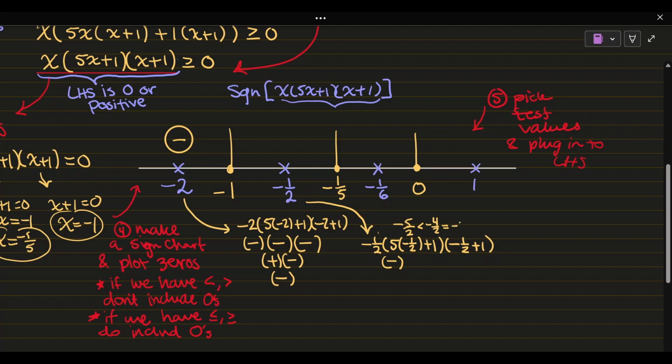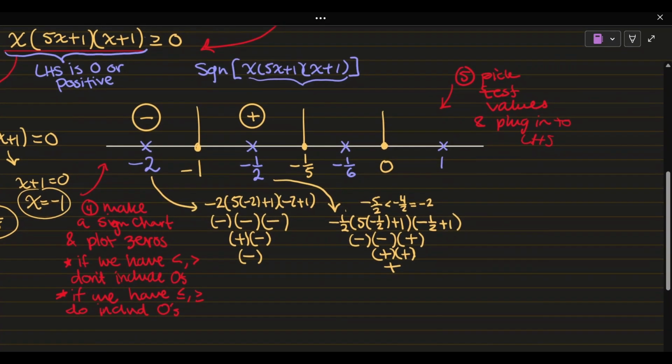And negative 4 over 2 is negative 2. So I have something less than negative 2 plus 1, which is negative 1. So this is also going to be negative. And then negative 1/2 plus 1 is positive 1/2, so this is a positive. Two negatives cancel out and make a positive, so I have positive times a positive, and so overall I end up with a positive. So this interval will be positive.